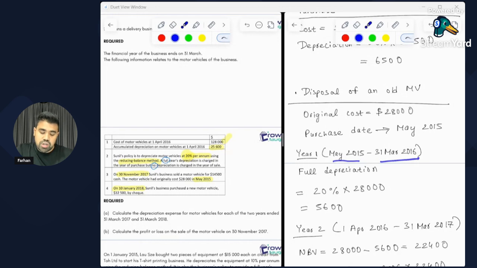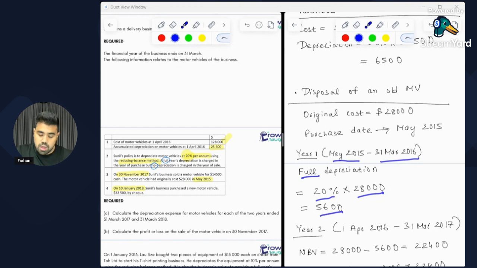Full depreciation is applied by multiplying the given percentage of 20 with the original cost of $28,000. So we get a total depreciation of $5,600 in the first year.